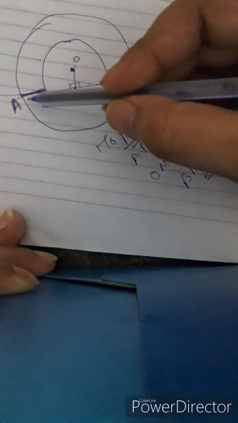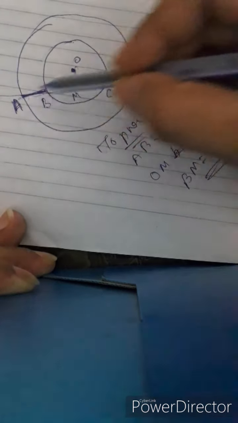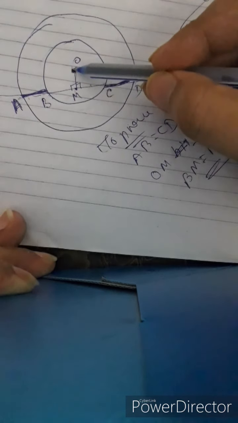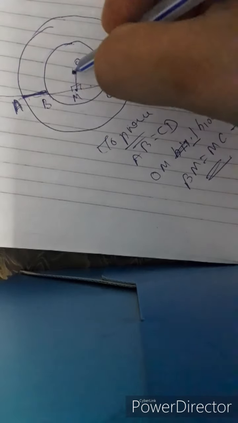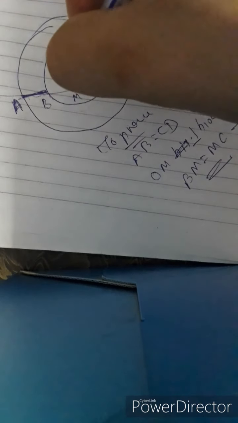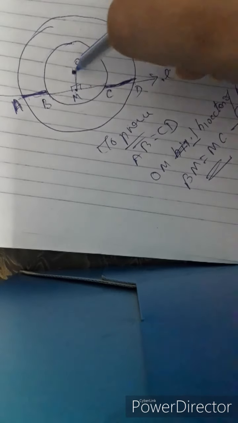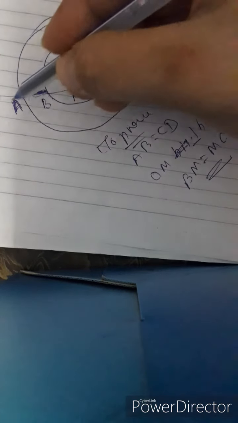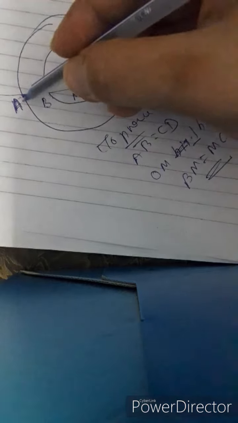Now taking the outside circle, AD is the chord of the outer circle. For concentric circles the center is the same, so O is the center of the outer circle also, and OM is the line joining the center to the chord AD.